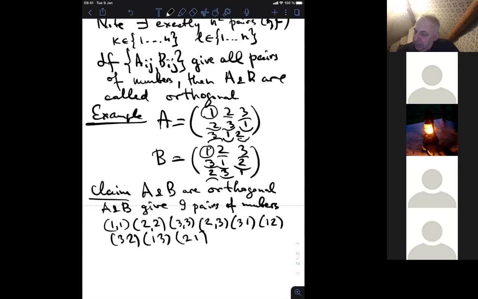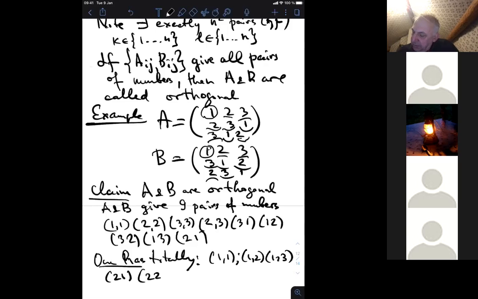So if we look at all pairs of numbers from 1 to 3, totally what can we get? We can get 1, 1, 1, 2, 1, 3, 2, 1, 2, 2, 2, 3, 3, 1, 3, 2, 3, 3. These are all possibilities to have pairs of numbers from 1 to 3. And see, in our matrices, we got all of them.